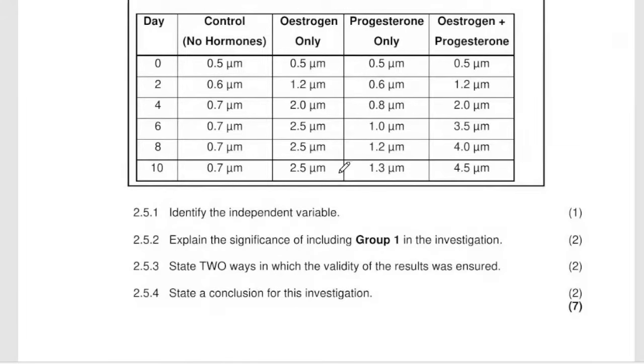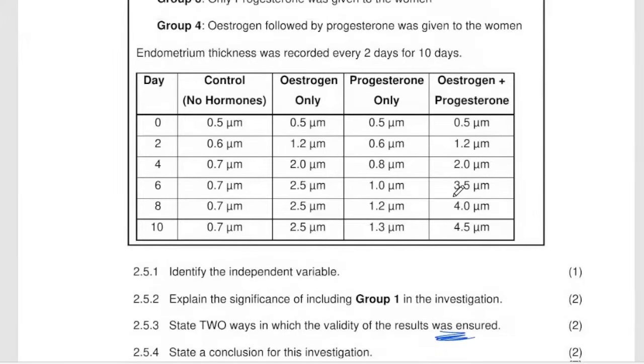State 2 ways in which the validity of the results was ensured. It means that you have to look at what they did to ensure this. They're asking you to explain the validity and reliability. What did they use the same?